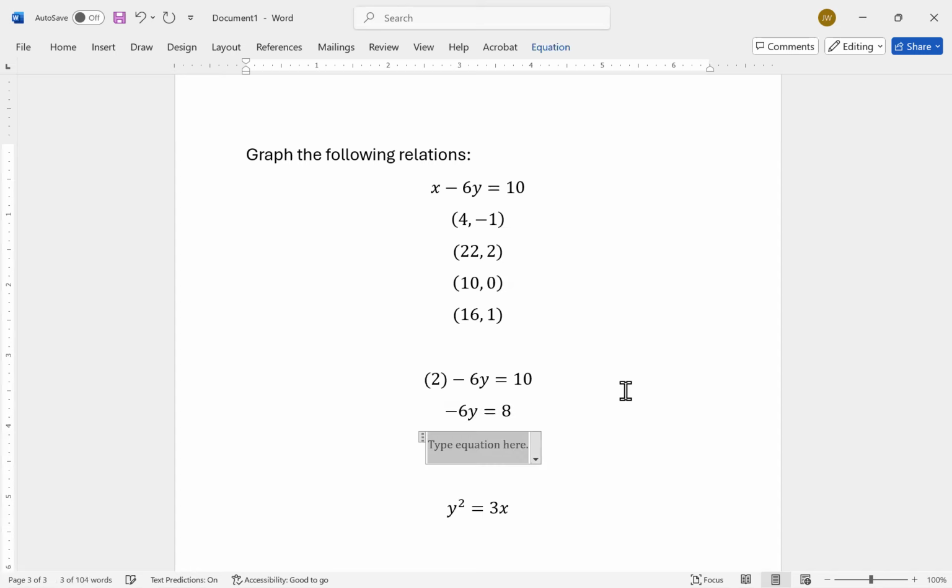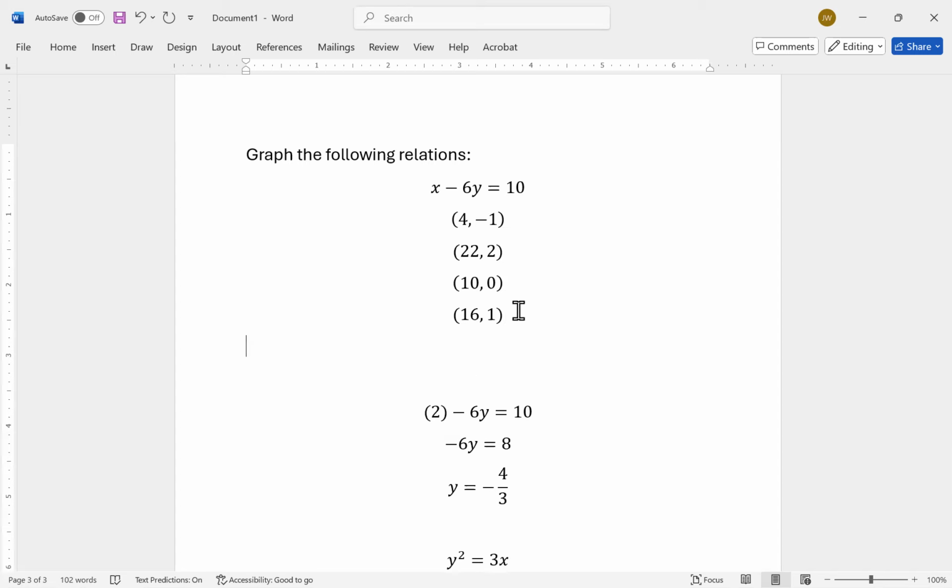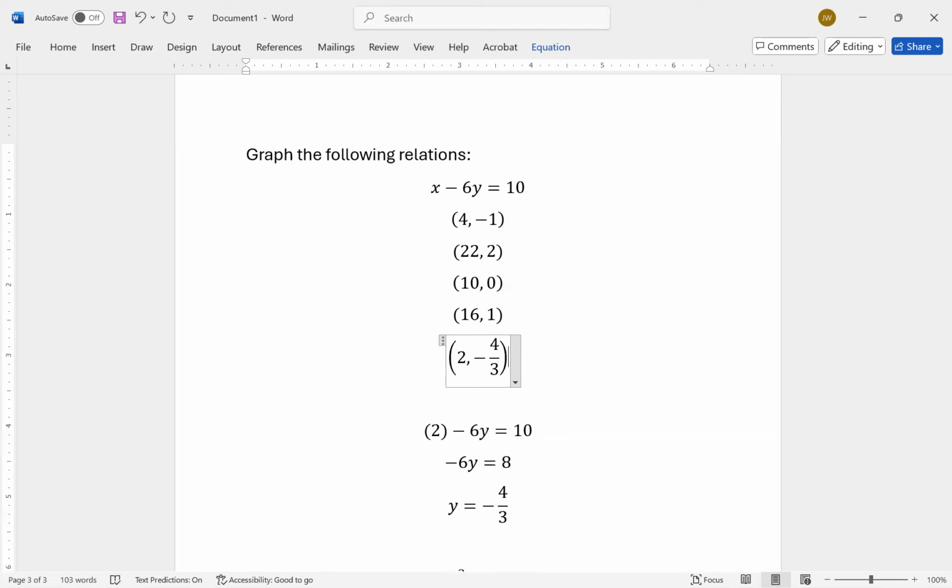And that means y would be equal to -8/6, which is -4/3. So the ordered pair (2, -4/3) would have also been a point that's a solution.